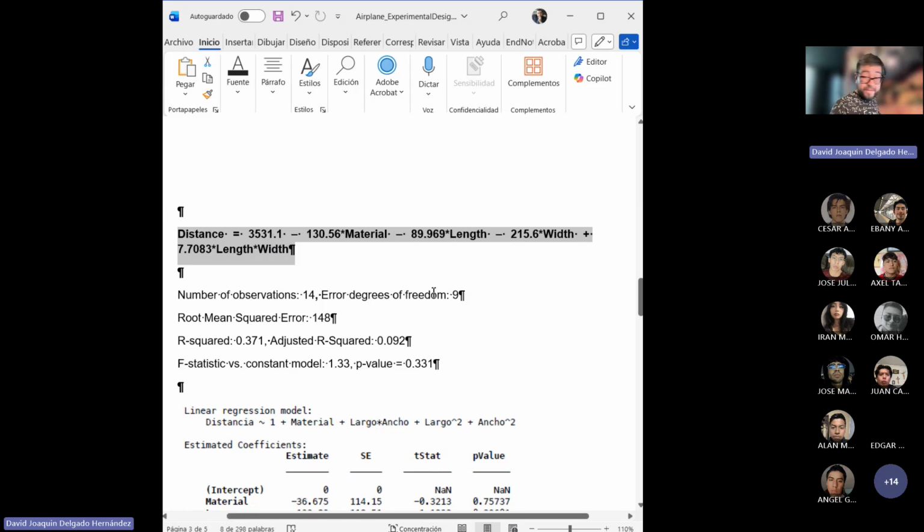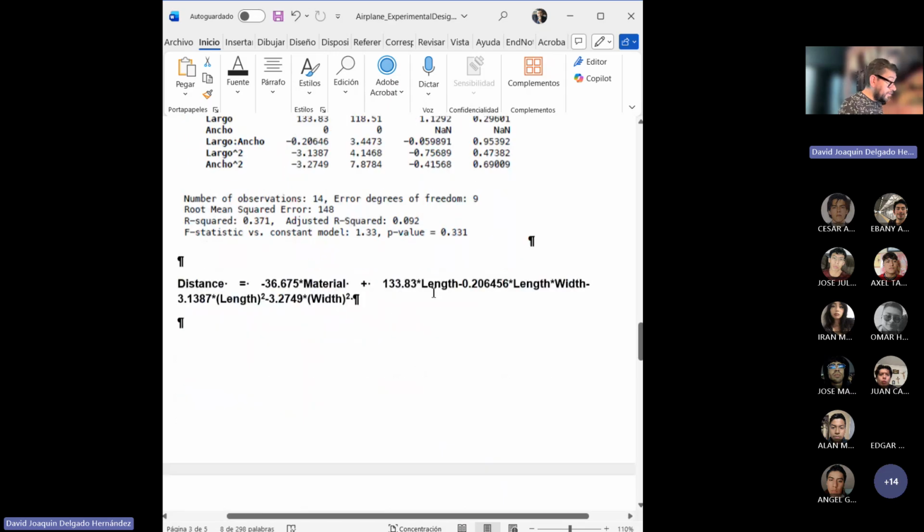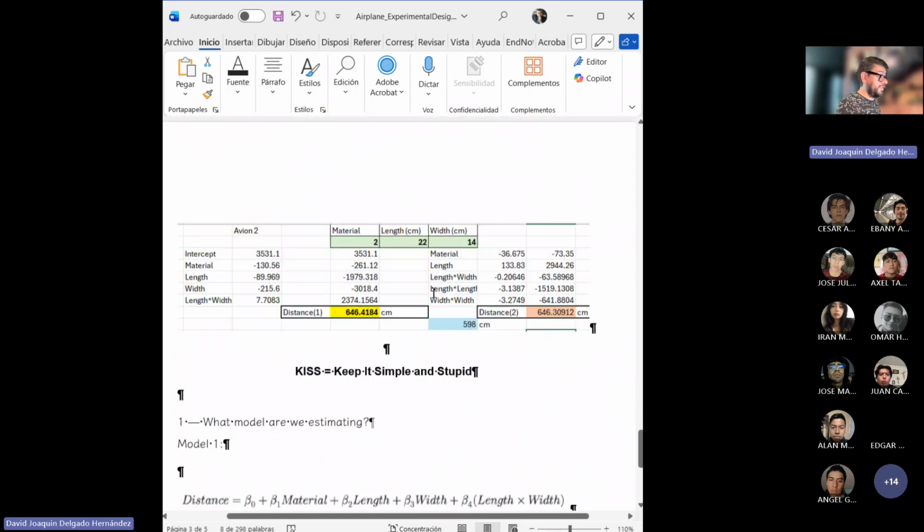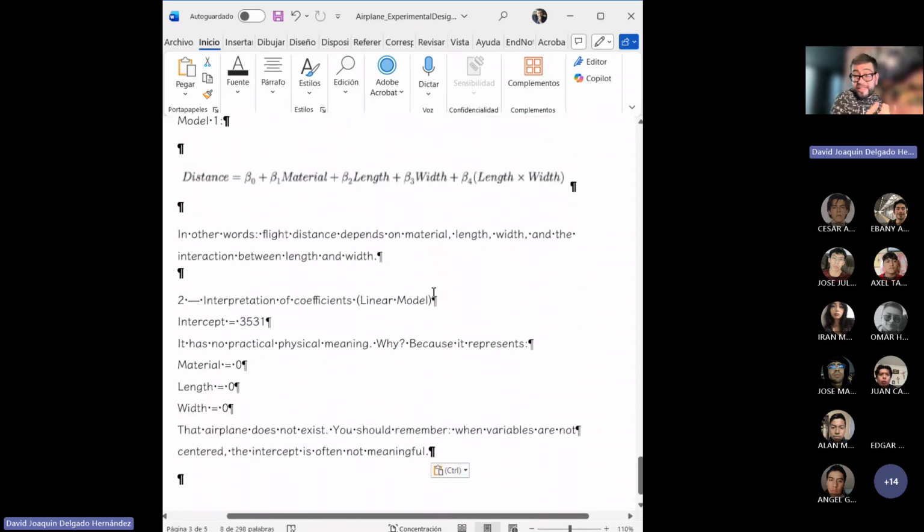That would be the minimal distance that you should expect for an airplane. But this doesn't have any meaning in physical terms, because you cannot have an airplane with length zero and width zero. It means you have nothing; that airplane doesn't exist.